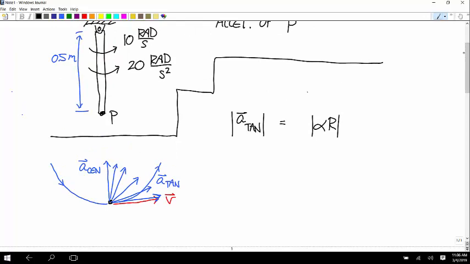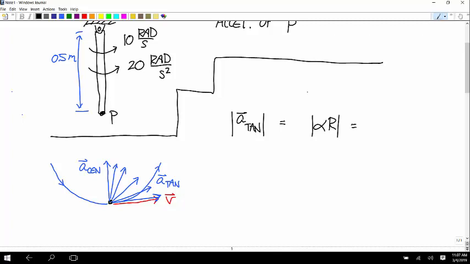One thing to notice about that is, if we were looking at the point at the midpoint here, and this thing was rotating that way, r is the distance from the center of the circular motion to the point. So even if this body still has a length of 0.5 meters, if we were looking at this point, that r value would be 0.25. But in this case, we're looking all the way at the end, so that r is 0.5.